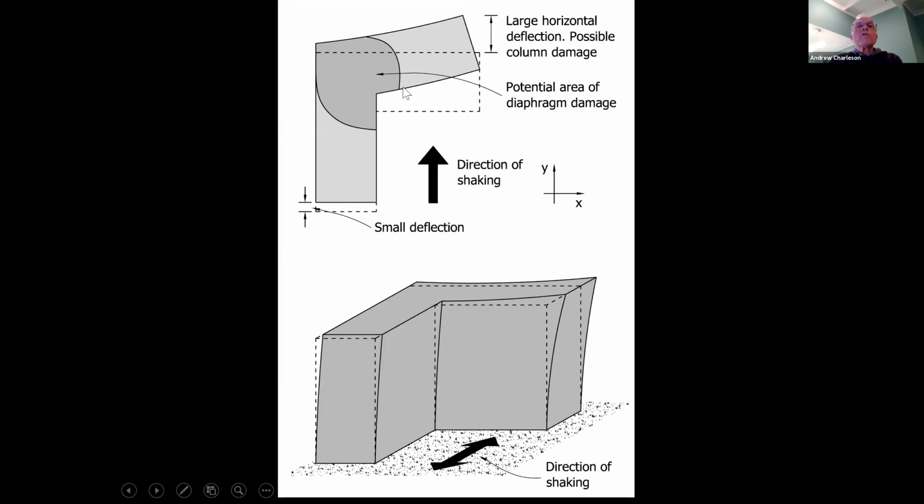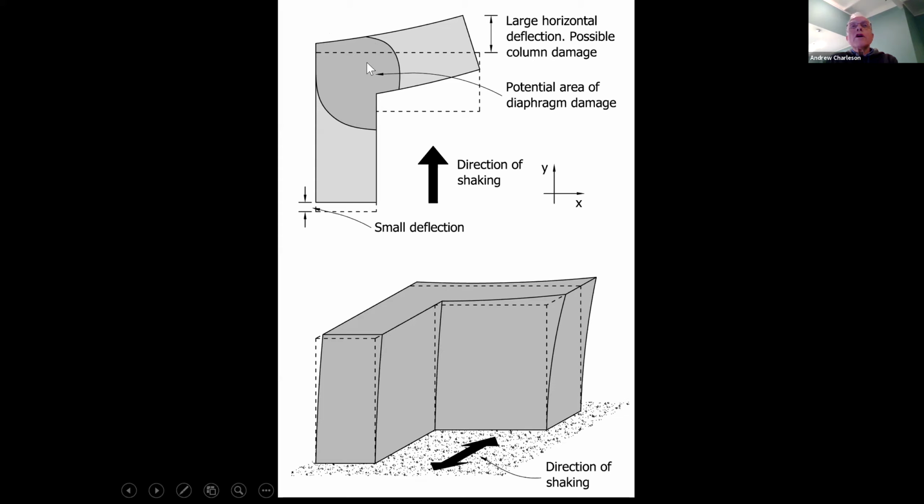Well, here's a building with 1 reentrant corner here. If the building has shaking in this direction, this wing of the building will shake more vigorously than the rest of the building. And what happens is we tend to get damage to our diaphragms in this area.